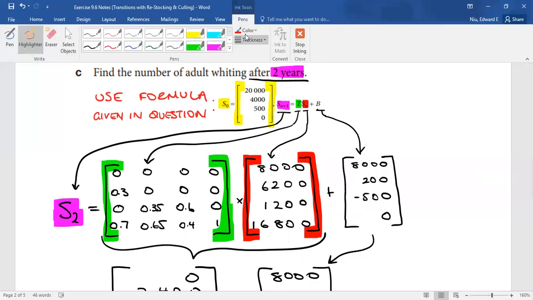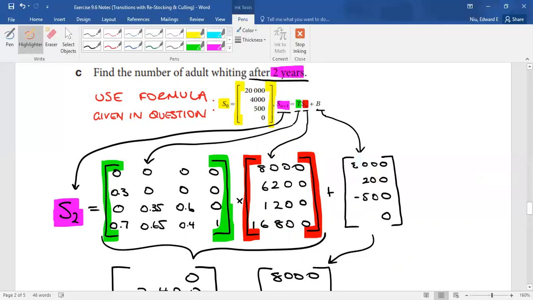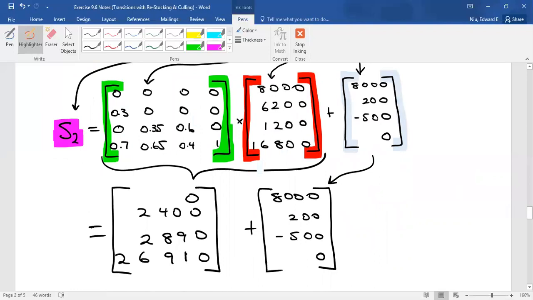Our B is still our baby blue matrix. That tells us what they're going to do as a company at the end of each year. They're always going to buy 8,000 more eggs, 200 more baby whitings, and they're going to sell off 500 to the restaurants for them to eat. Now, once we've established this, we can recreate this situation in our CAS. So recreate the two matrices, multiply them together, and what you get is, or hopefully is, this matrix down below.